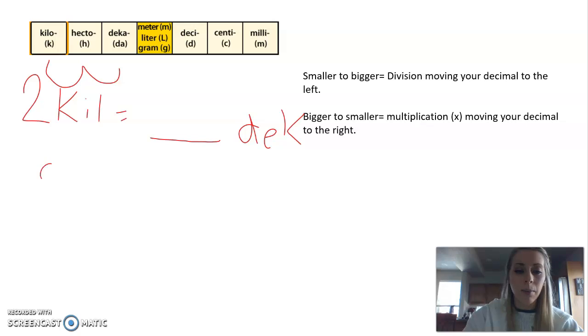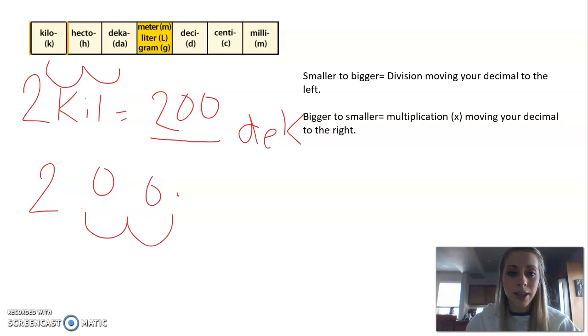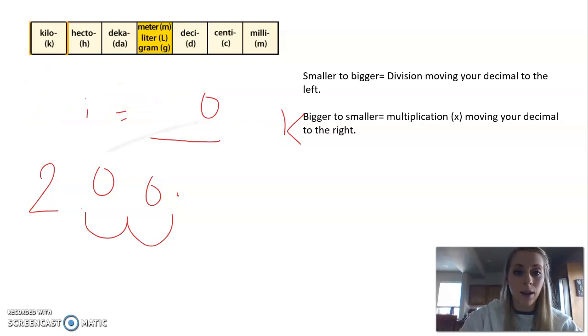So I'm going to take my 2 here, put that assumed decimal at the back, and loop once, loop twice, place my new decimal. My new number is 200. So 2 kilometers equals 200 decameters, okay? And that is just one example, okay?